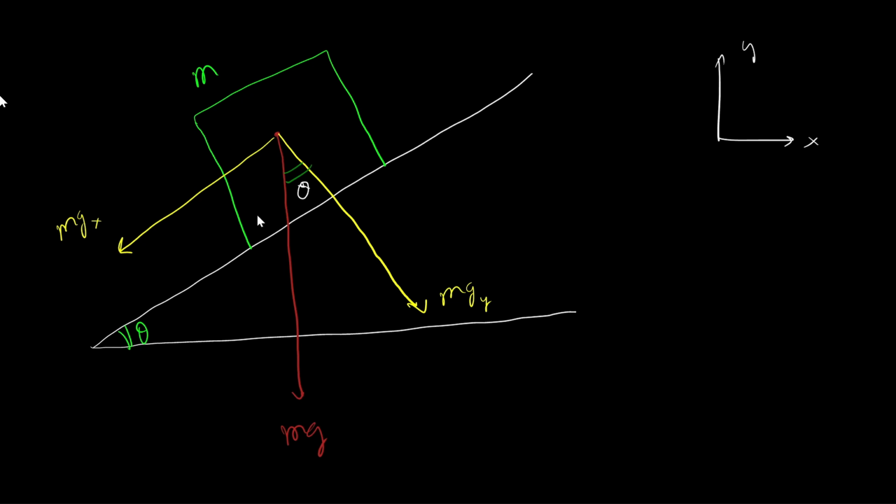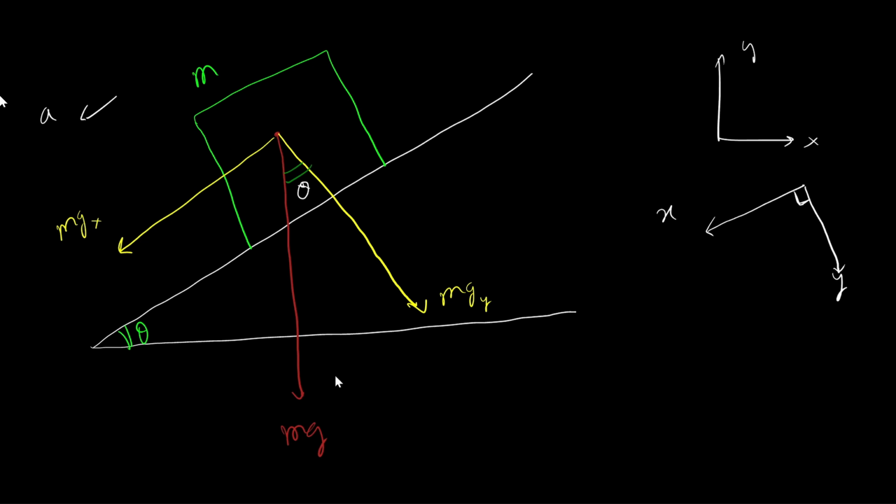So in this case, we can see that the acceleration of the block is going to be downwards, and therefore we are choosing an axis in such a manner that the x-axis lies along the inclined plane and the y-axis lies perpendicular to the inclined plane, right? So this is going to be the x-axis, this is going to be the y-axis. So you can see that the force mg itself does not lie along any of the axes.